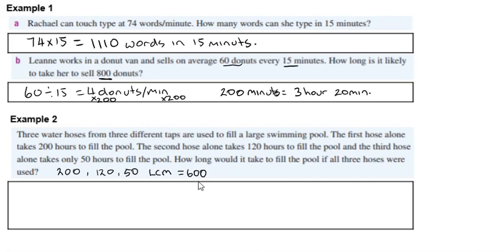Now, why do we need the lowest common multiple? Well, let's take 600. Let's say that was 600 hours.